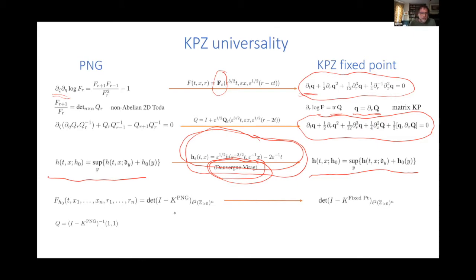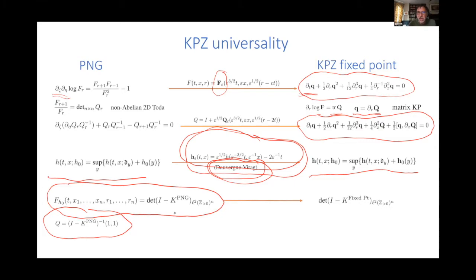Okay, the Q which I described before is actually the resolvent at the origin of an operator K_PNG whose Fredholm determinant is giving you these distribution functions, and I'm going to talk about that in a second.